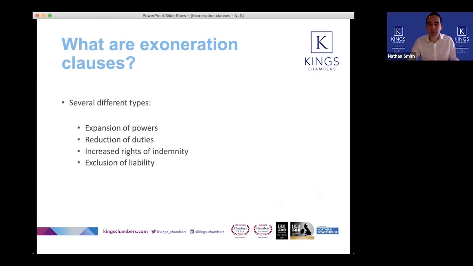So an example of one that expands the powers of the trustee is perhaps one that gives the trustees power to carry on a trading business or increases the powers of investment that they might otherwise have. A pretty common example of a reduction of duties is a provision limiting, for example, the duty to interfere in or supervise the management of a company in which the trust is a substantial shareholder.